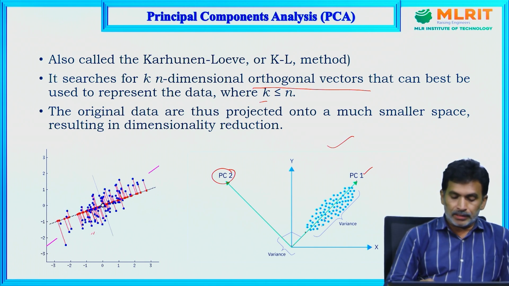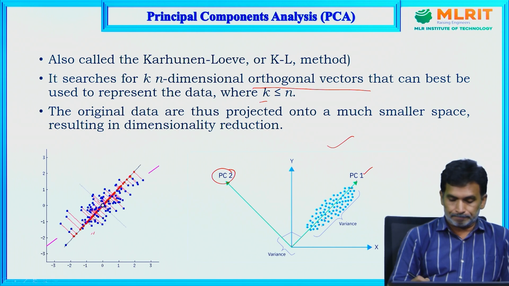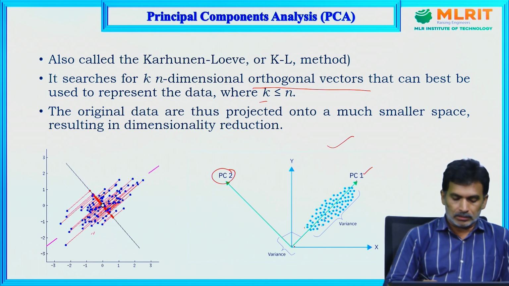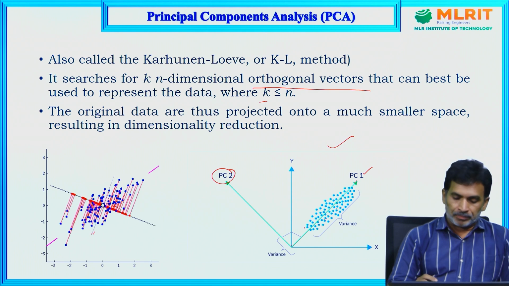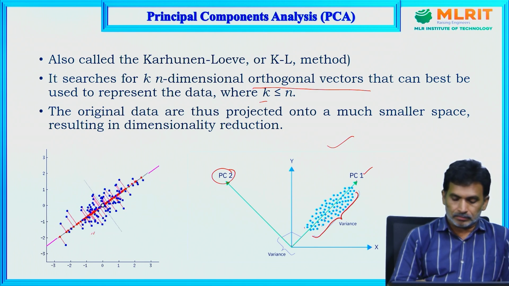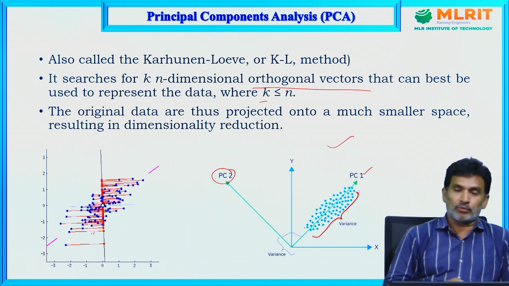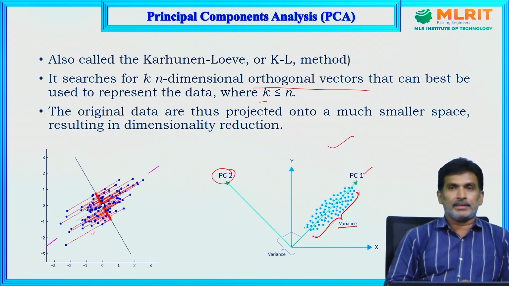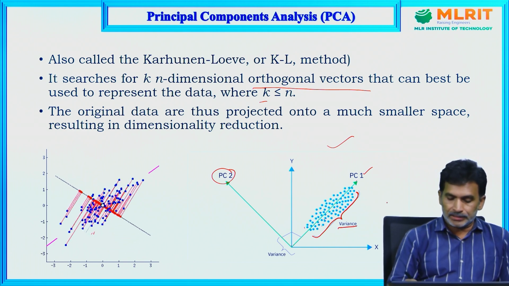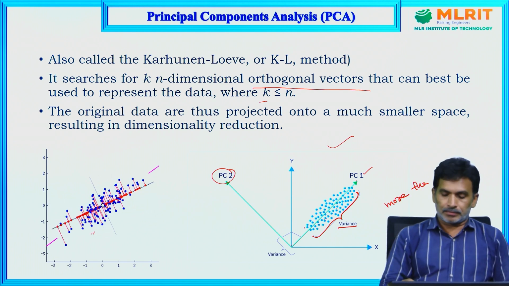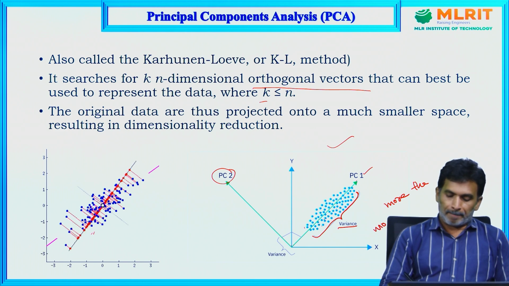If you observe this, these data points are spread along this line. This is also called a vector, and this is the variance: the distance the data is spread out along this line, along this vector. That is called the variance. The more the variance, the more information.